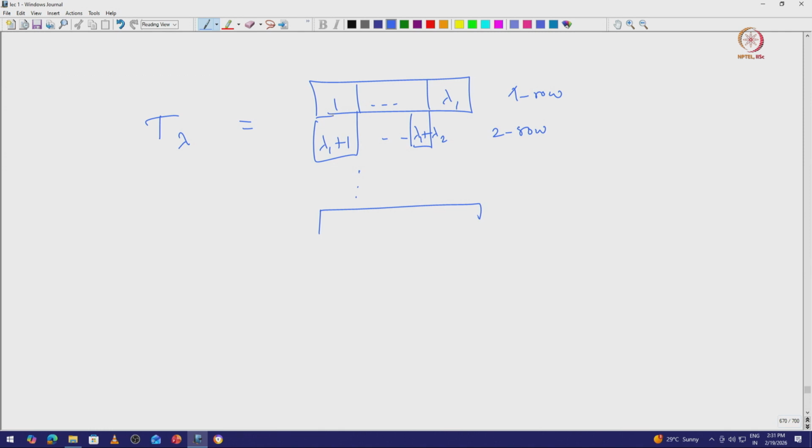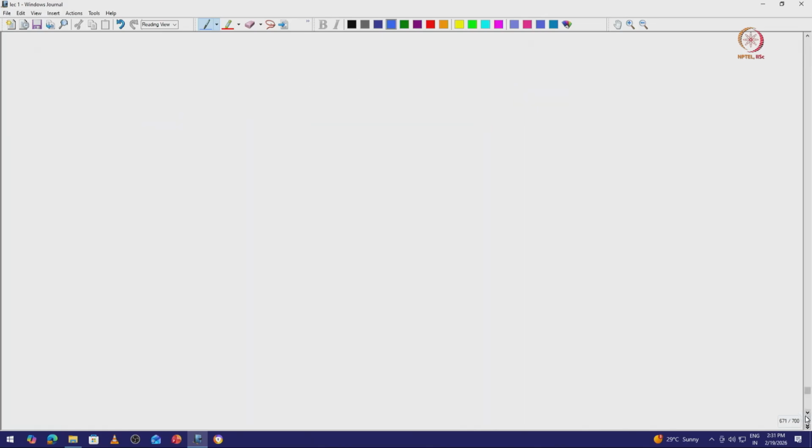So, at the end we will have something like this, lambda 1 plus etc. plus lambda L minus 1 plus 1 up to the total n. So, this particular tableau we called it as T lambda. So, we can fix this tableau and then use this tableau to obtain all other tableaus.